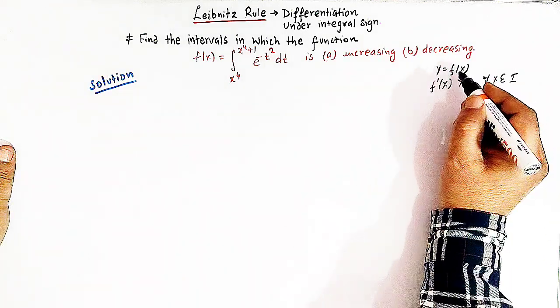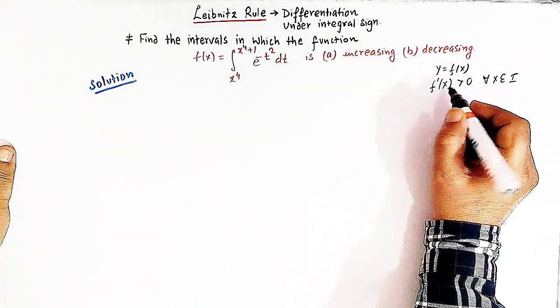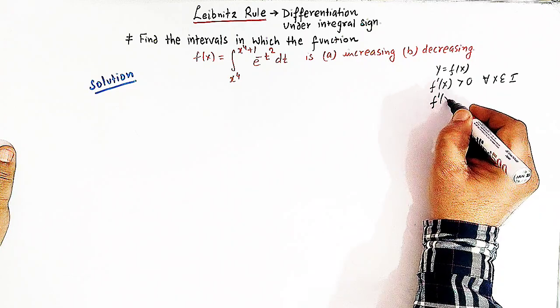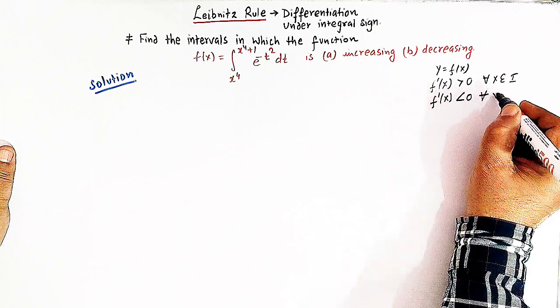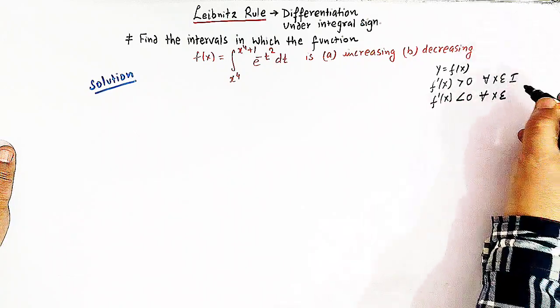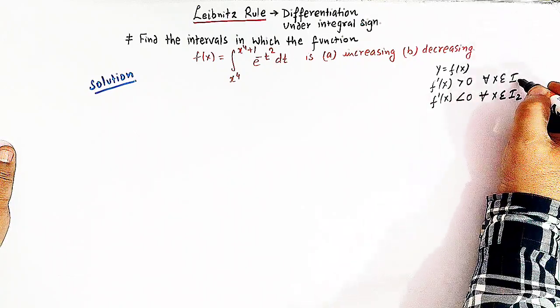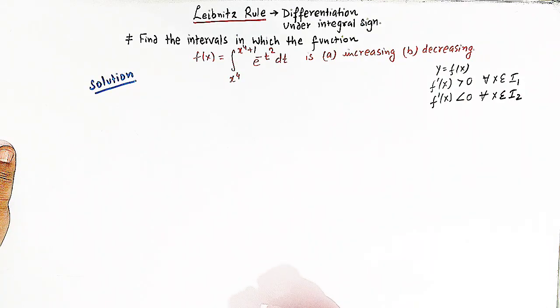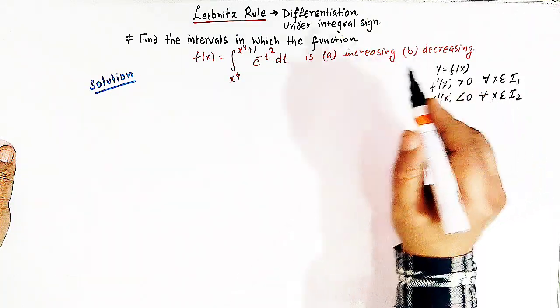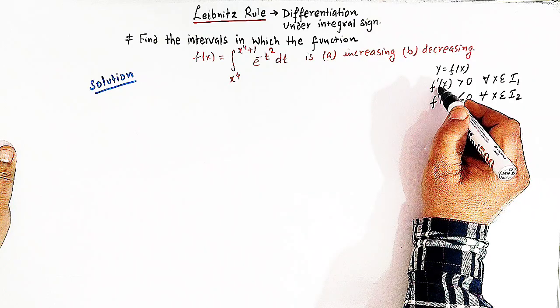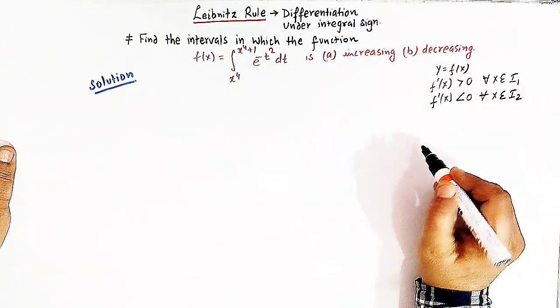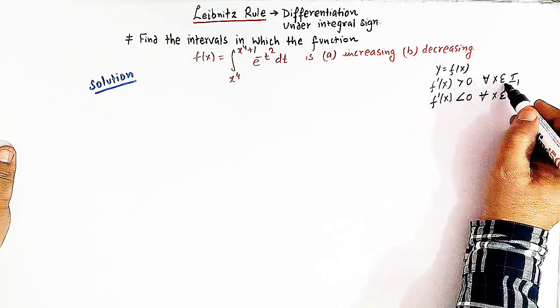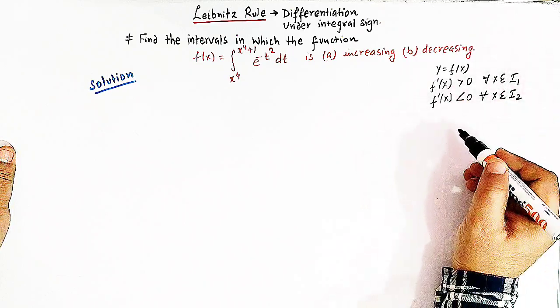And the function f of x is said to be a decreasing function if the derivative is less than 0 for all x belonging to some interval, say I2. So for an increasing function, the derivative or the slope must be positive, that is it should be greater than 0, for all x belonging to some interval, say I1.